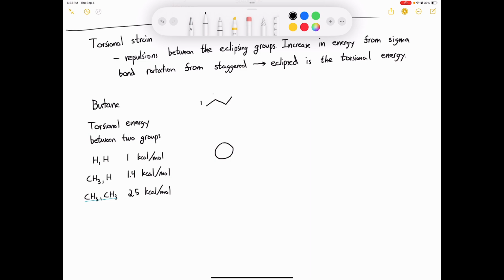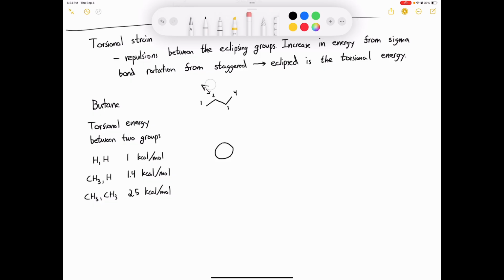So we go 1, 2, 3, 4. We're looking down that bond. Let's just draw it this way, since we're looking at the 2 to 3 bond axis.